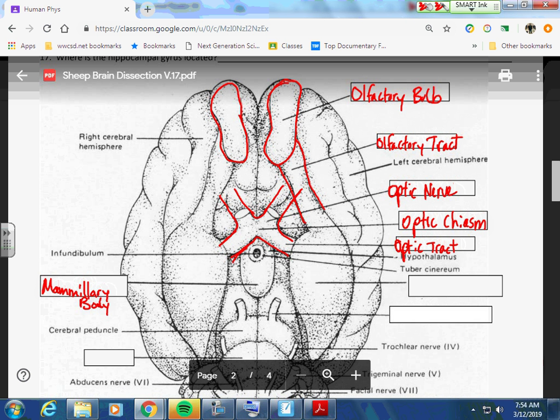And then this structure here is going to be the rhinencephalon. Have you guys ever heard of rhinoplasty, or what rhino means? Nose. This is involved with smell. And the hippocampus, if you've ever heard of that, is involved with long-term memory storage.